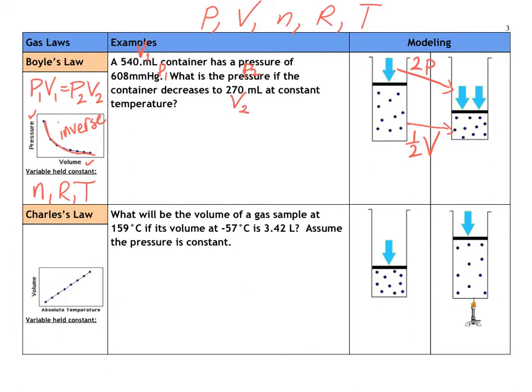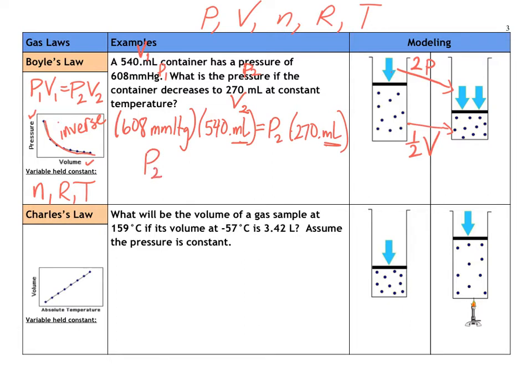And so substituting into the equation, you'll just substitute it into Boyle's law: P1 equaling 608 millimeters of mercury, and then V1 is 540 milliliters, equals P2, which is our unknown, so it's the variable we'll solve for, and 270 milliliters is our final volume. Notice how the volume units are consistent, thus the final pressure unit will be millimeters of mercury.